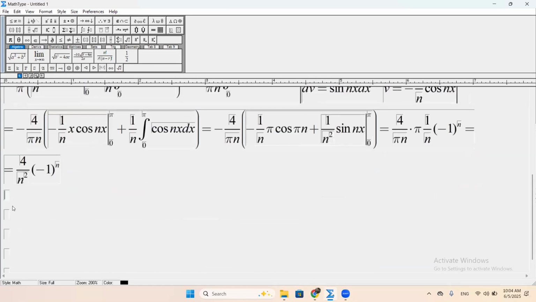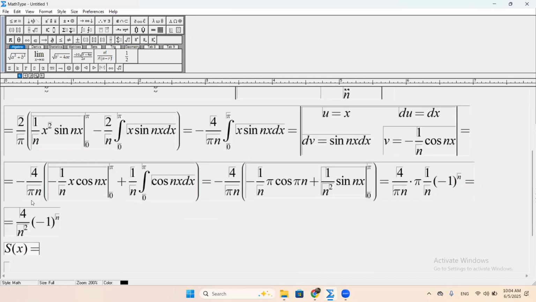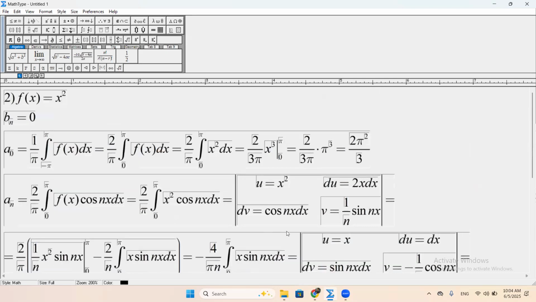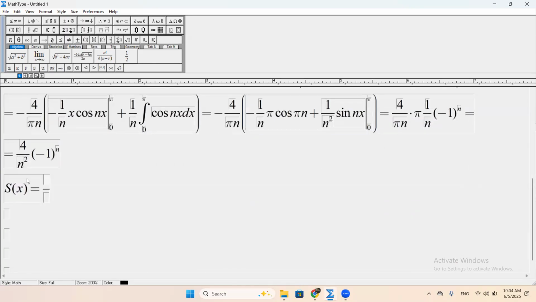And now let's write down the Fourier series that we received. So s of x equals p squared over 3 plus the following series: minus 1 in power of n over n squared times cosine of nx.